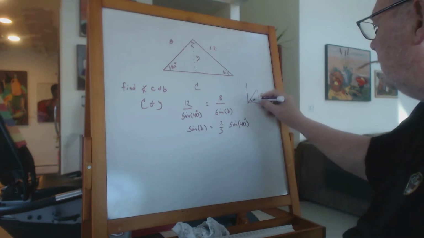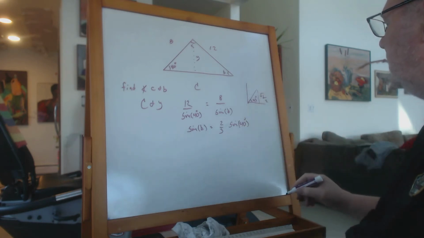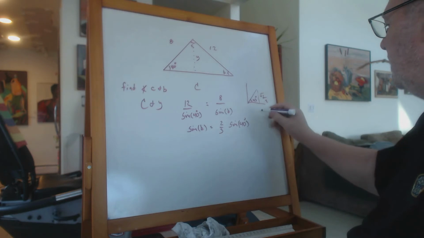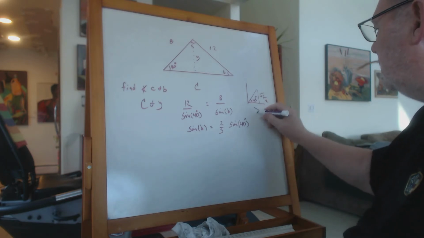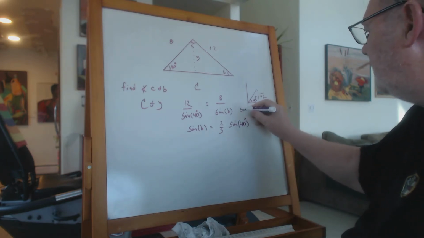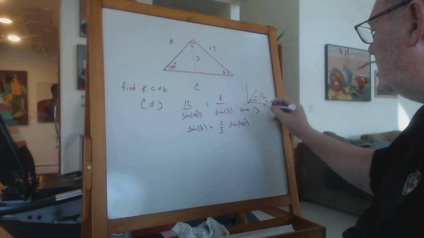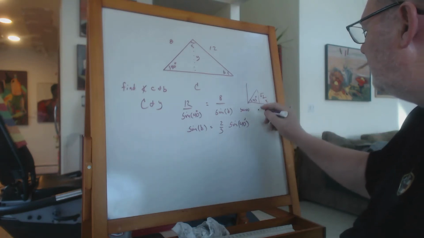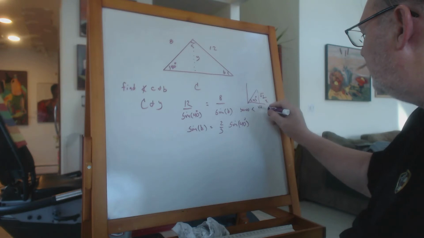Sine of 40 is a little smaller than the square root of 2 on 2.